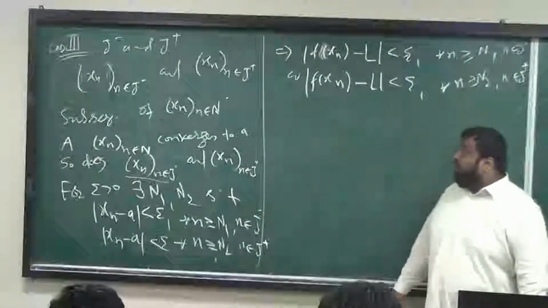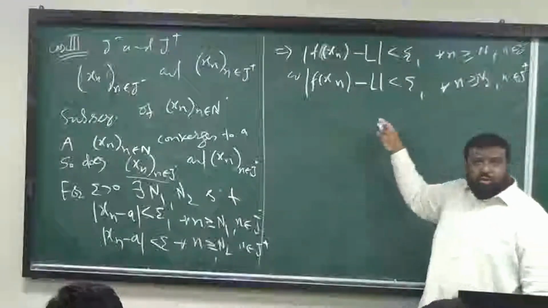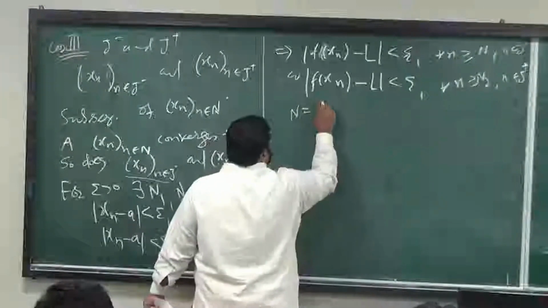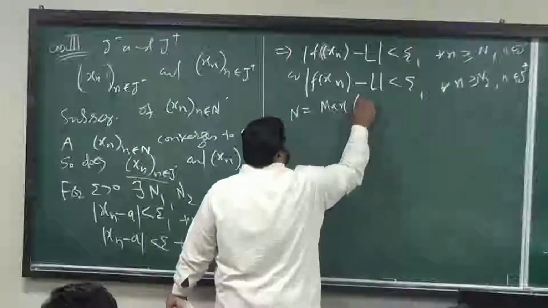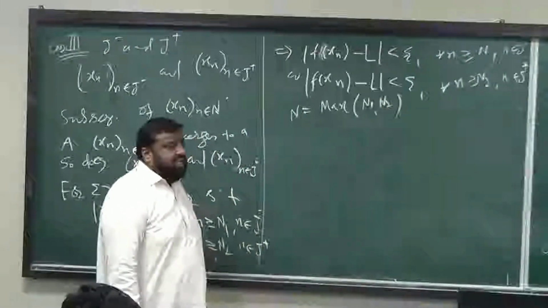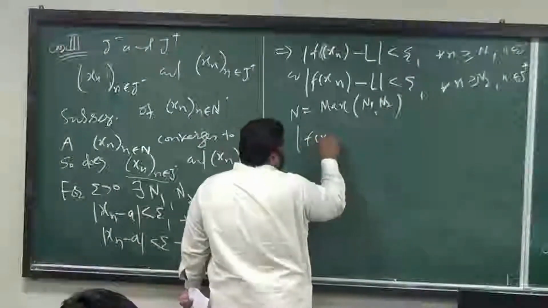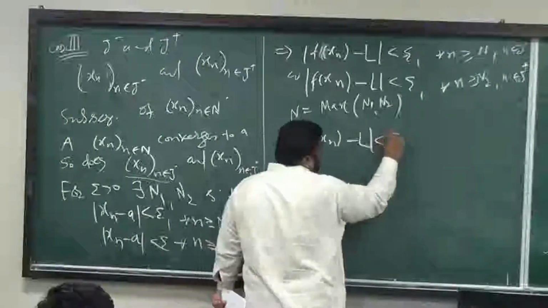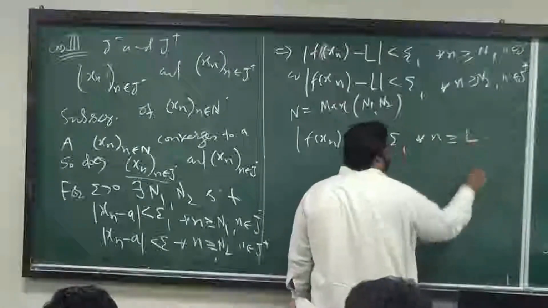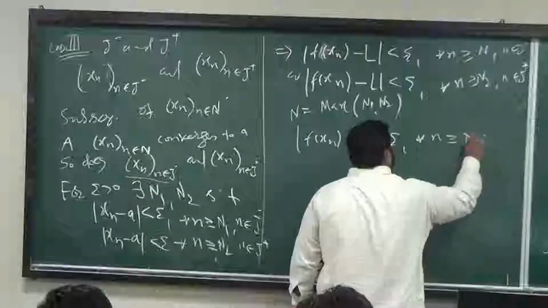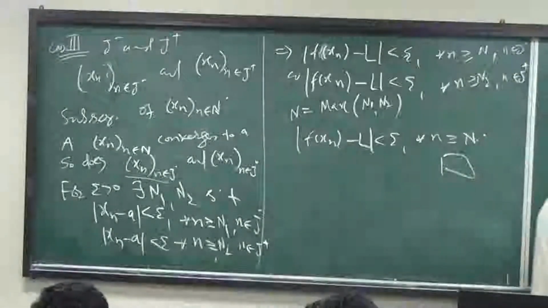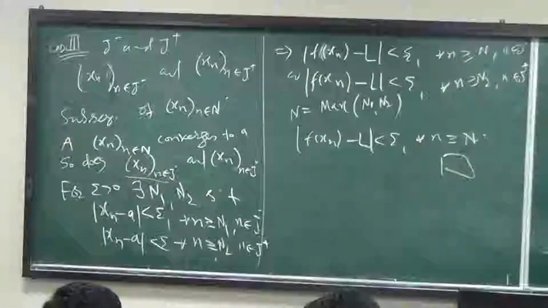So when both conditions need to be satisfied simultaneously, just choose N to be the maximum of N1 and N2. If this is the case, then you're going to have |f(x_n) minus L| less than epsilon for all n bigger than or equal to N. Agreed?